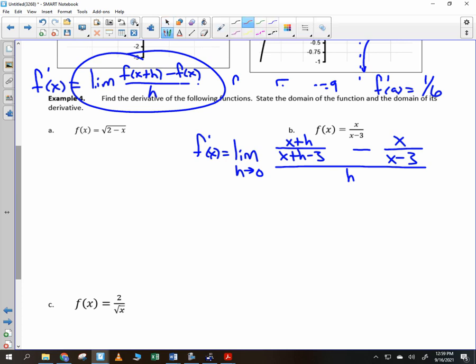As Colin said, this is a complex fraction. What do I have to do when I have the complex fraction? Common denominators. So multiply top and bottom here by x minus 3, and multiply top and bottom there by x plus h minus 3.